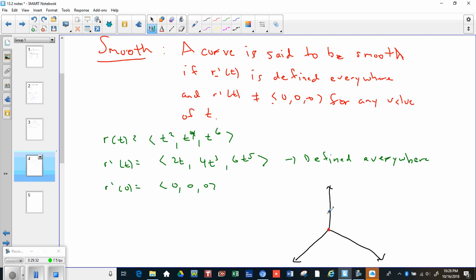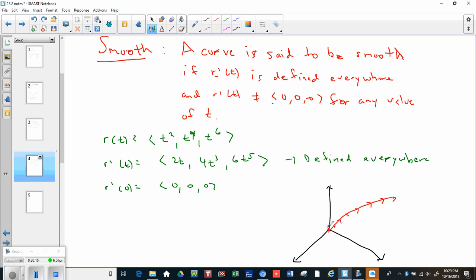As t gets larger, so if t is 1, we're at 1, 1, 1, which is right here. And then if we plug in 2, the number is going to start getting big fast. It's going to be 4, 16, what is that, 64? 4, 16, 64. This thing starts to get big very, very, very quickly. So it's actually going to go kind of weird because the z direction is going to kind of go off like this. It's actually going to shape like this, I believe. Maybe I have it backwards, but it doesn't matter. Either way, it's going to have the same general idea.